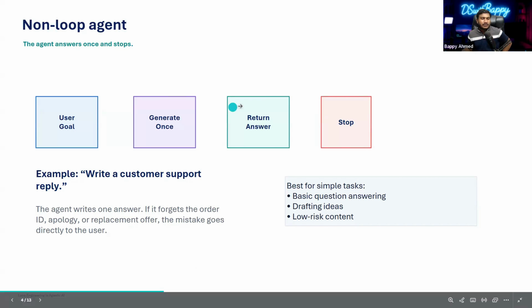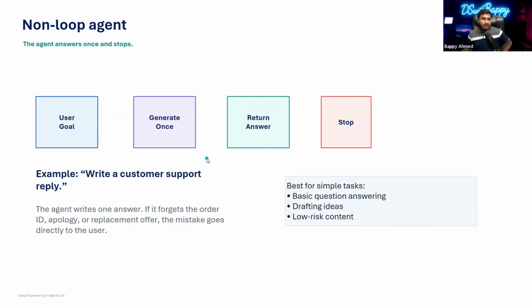But if you are using an agentic loop, what will happen? It will write the customer support message. First of all, it will understand the customer's intention and feelings, and based on that it will write the message. Let's say someone is asking, sir, I need career guidance from you, I'm not getting a job.